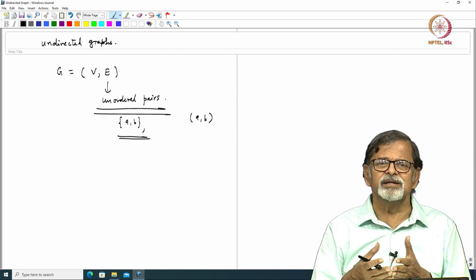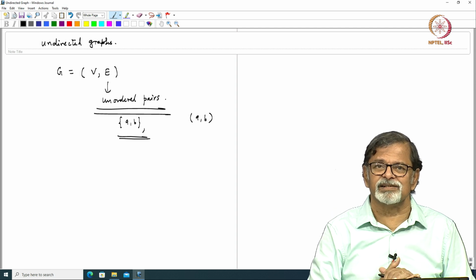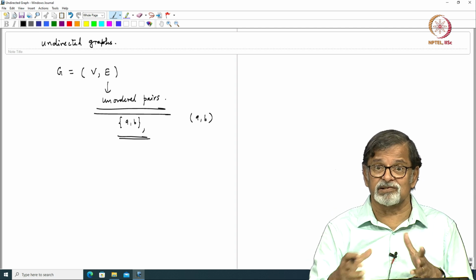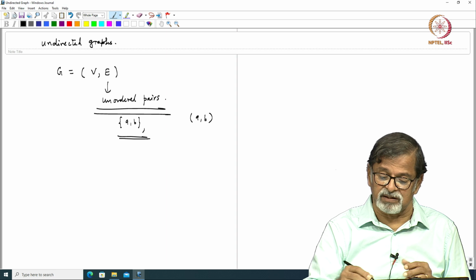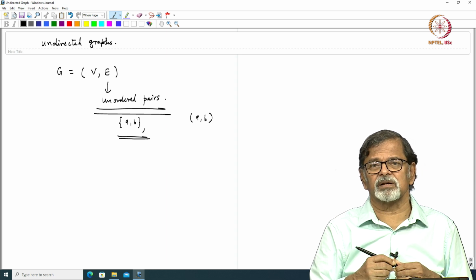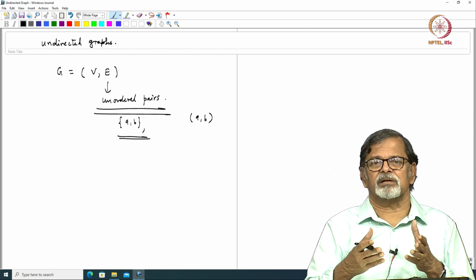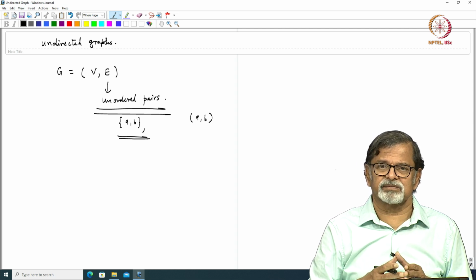We can do that, but the moment we say that it is an undirected graph, we can understand that even with this notation I can represent the undirected graphs.